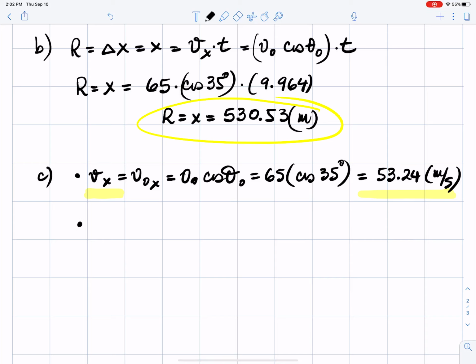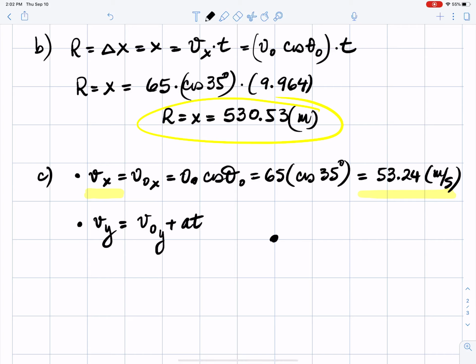As far as the velocity in the y direction, that's the original velocity, V naught y plus at. That is the general form. If you want to calculate the velocity at the point right before it hits the ground, I'm going to make the drawing here.